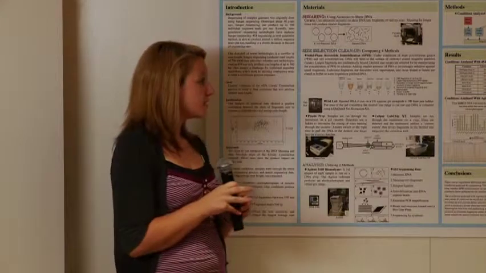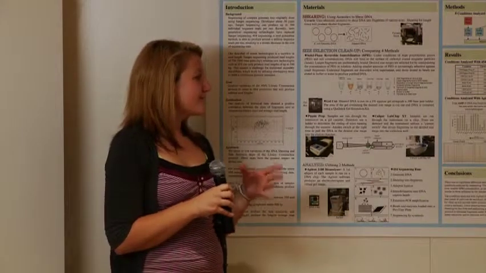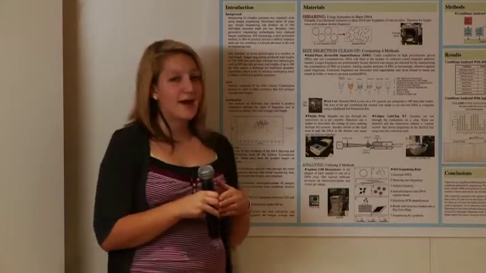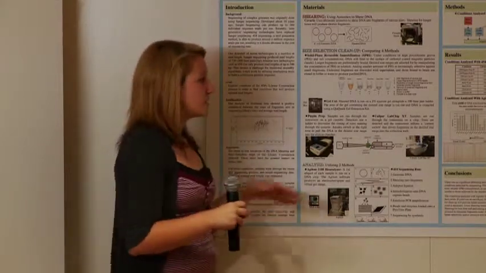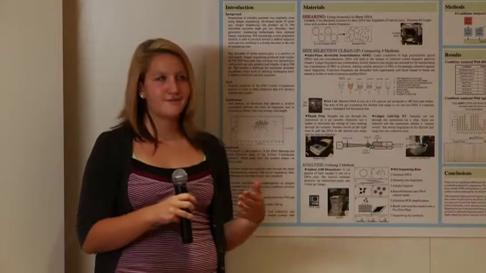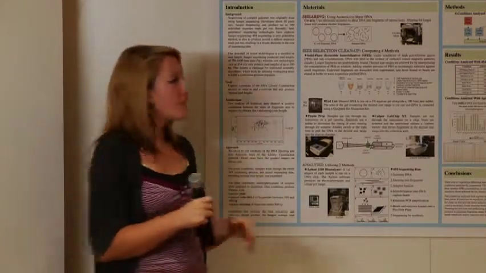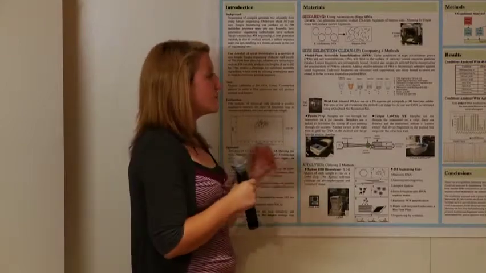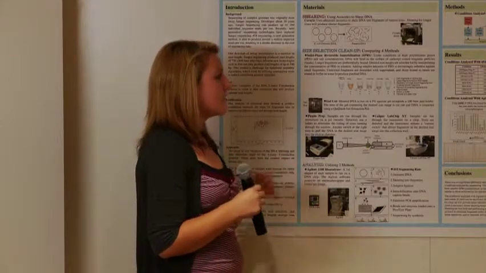So first longer fragments will bind, and if you don't add enough PEG and salt, the shorter fragments won't be able to bind. So you can remove the shorter fragments with the supernatant, and then you're left with only longer fragments.